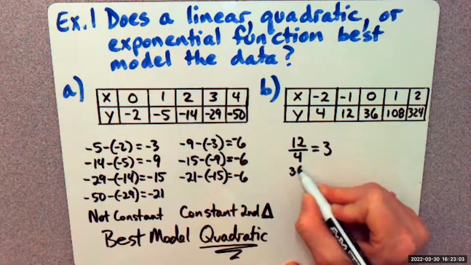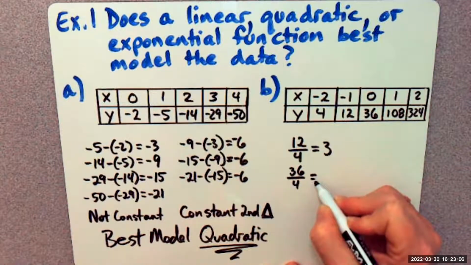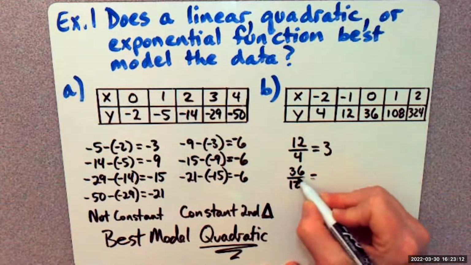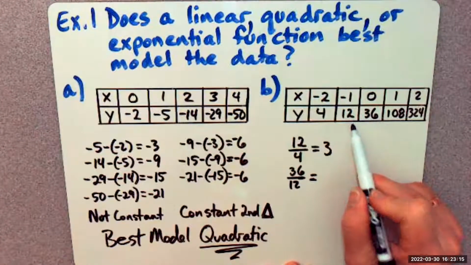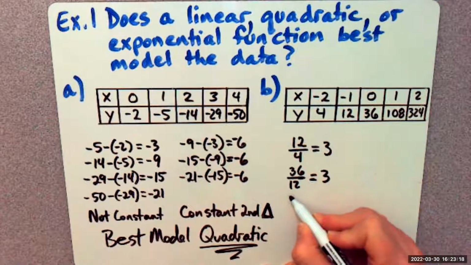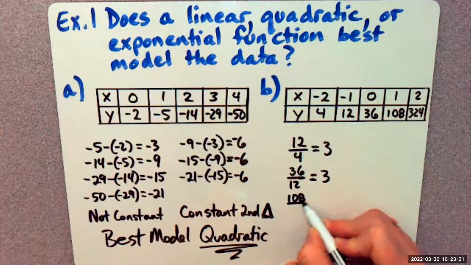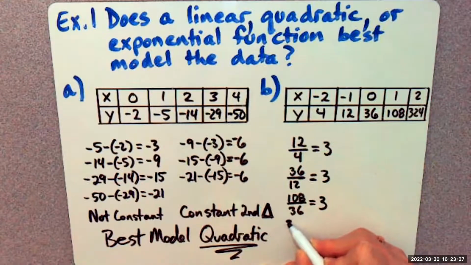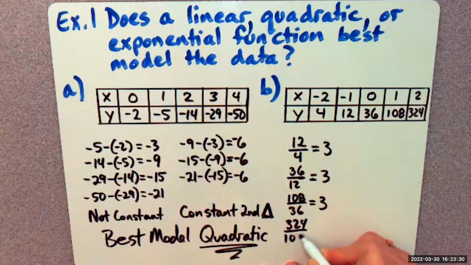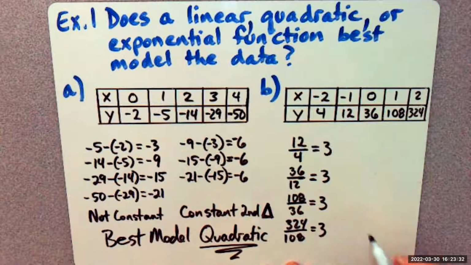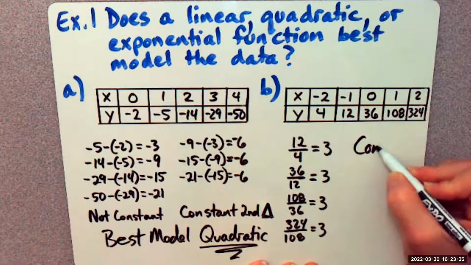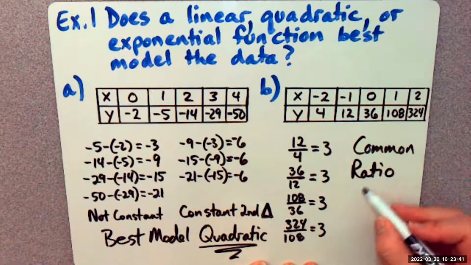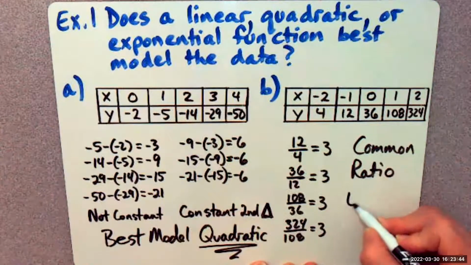Then 36 over 12 is also 3. Then 108 over 36 is also 3. And 324 over 108 is also 3. So we have a common ratio, and that means the best model is exponential.